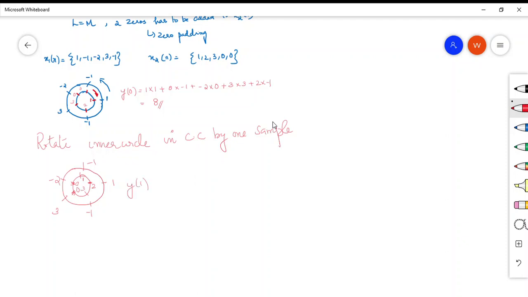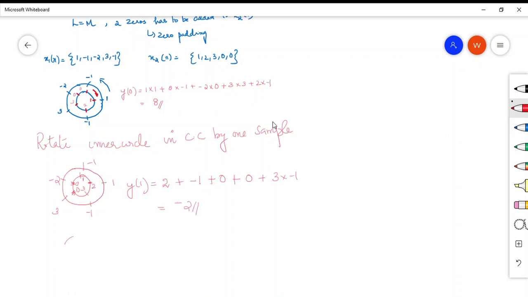So again you have to find y of 1 by multiplying and adding: 2 plus 1 into minus 1, minus 1 plus minus 2 into 0, 0 plus 3 into 0, that is 0, plus 3 into minus 1. So what is the answer? 2 minus 1, that is 1, so the answer is minus 2.